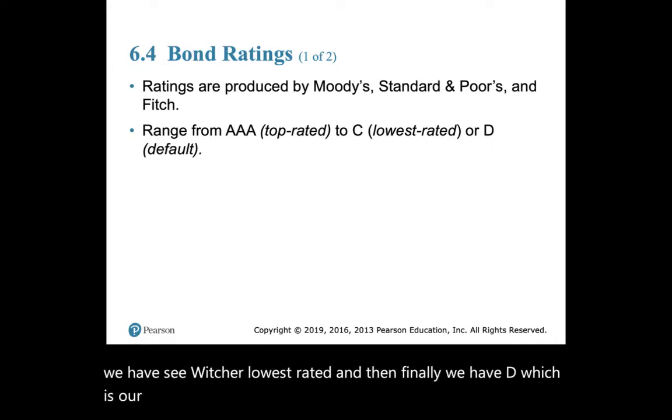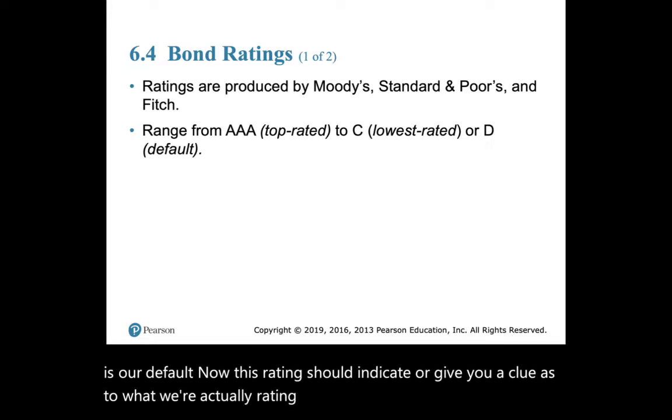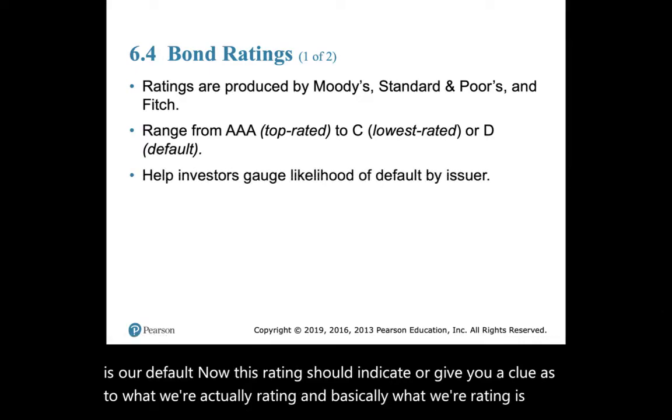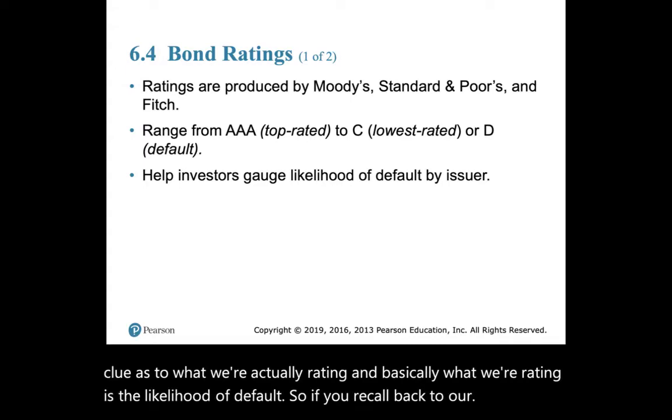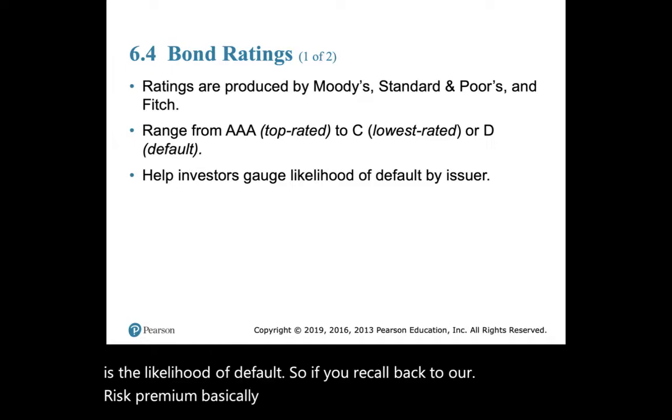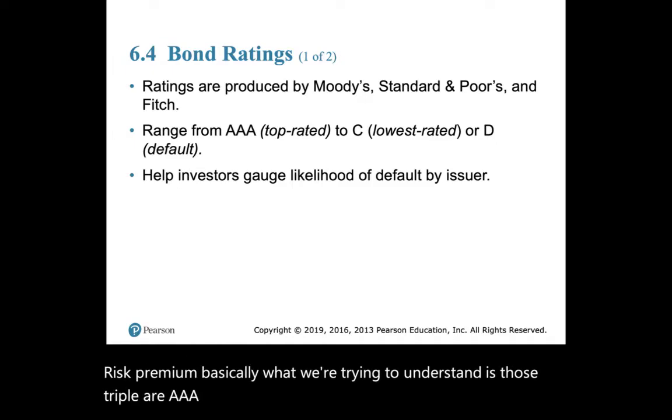Now, this rating should give you a clue as to what we're actually rating, and basically what we're rating is the likelihood of default. If you recall back to our risk premium, those AAA rated bonds signify that they have the least risk associated with them.